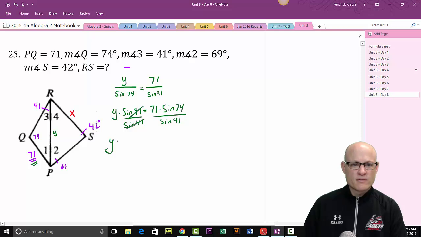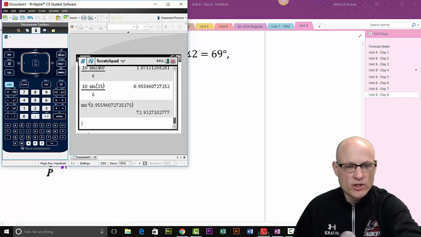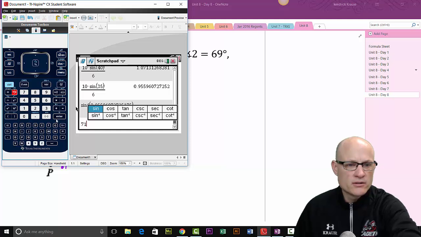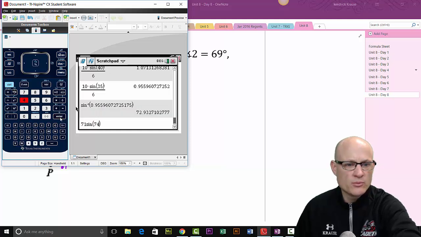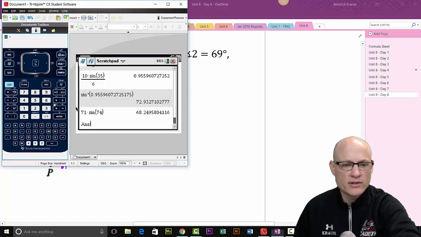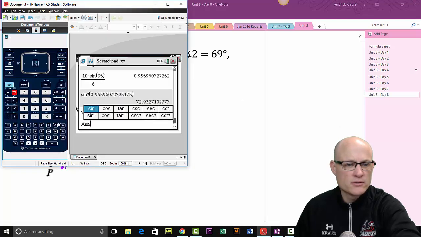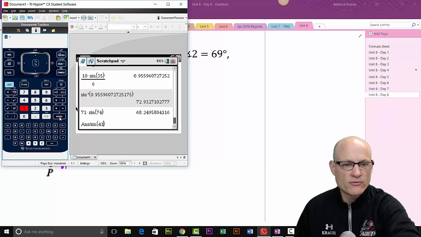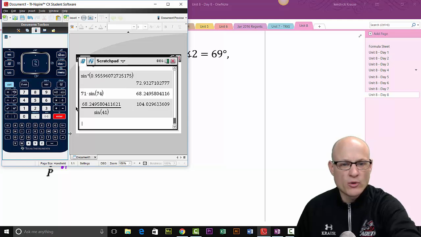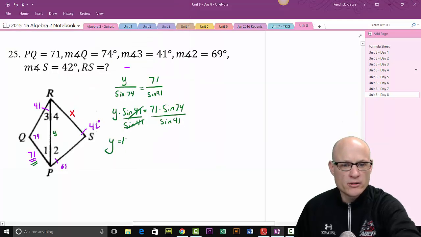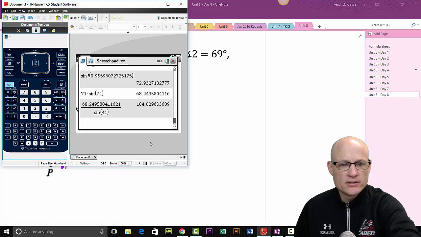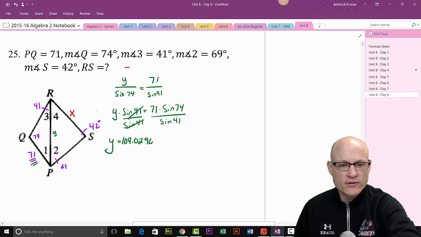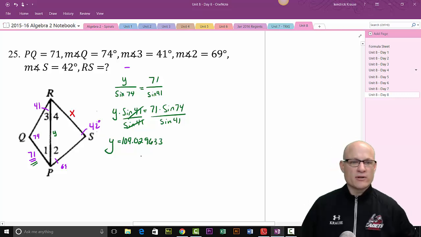And I get y equals, and don't round this, 71 sine 74 divided by sine 41. Should have put that in as one fraction. All right, so I get 104.029633. Good enough for now. Don't round it. So now we know y, and we're good.